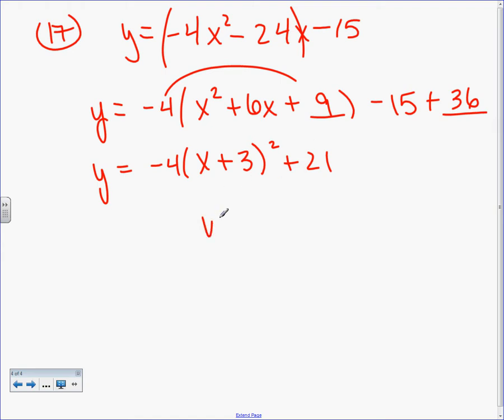What's the vertex if I wanted to know? Negative 3, 21. Are you guys okay? Have I lost you? Where'd I lose you? Okay. Will this open up or down? Down, because there's a negative in front, right?